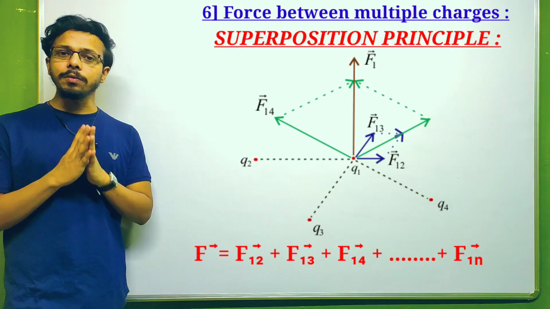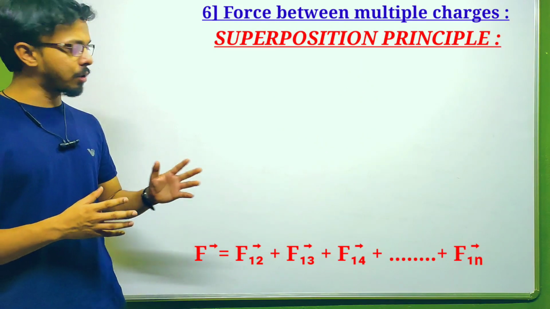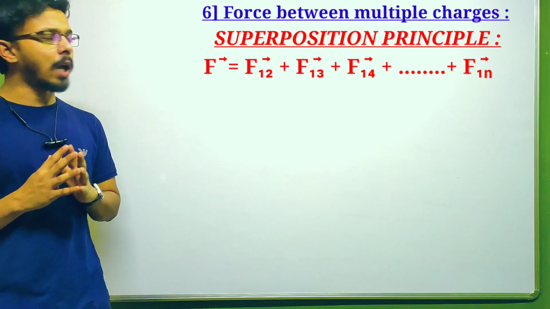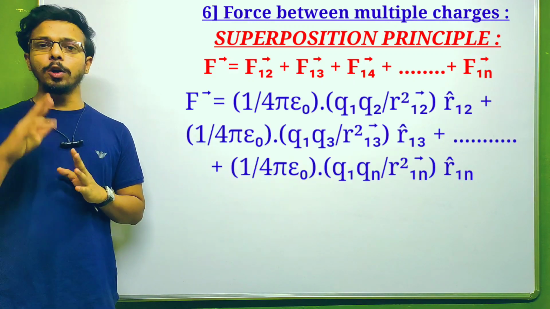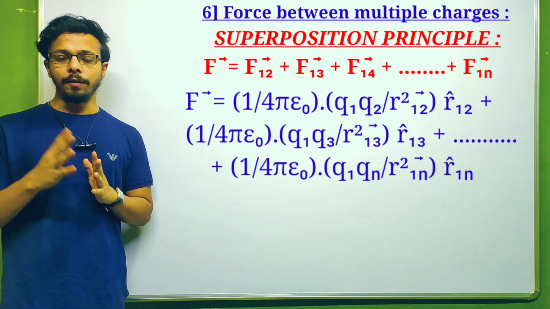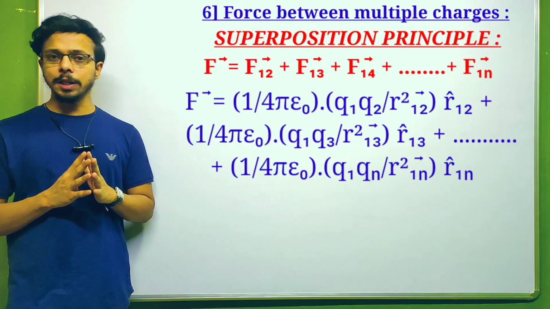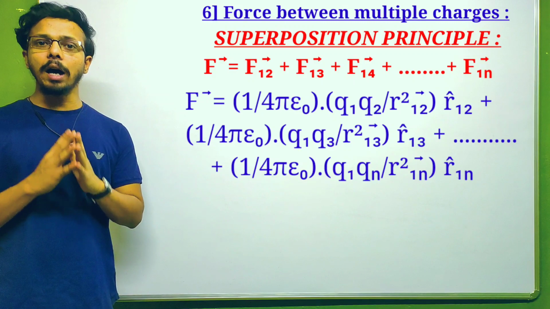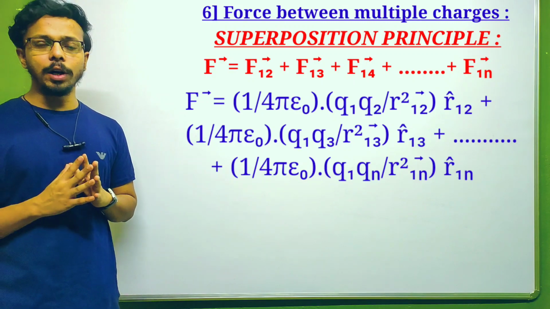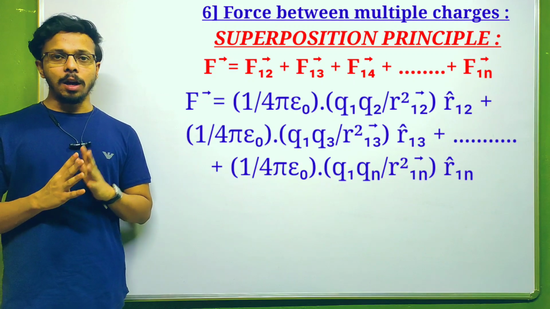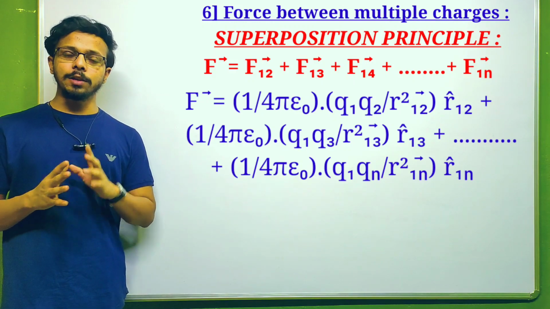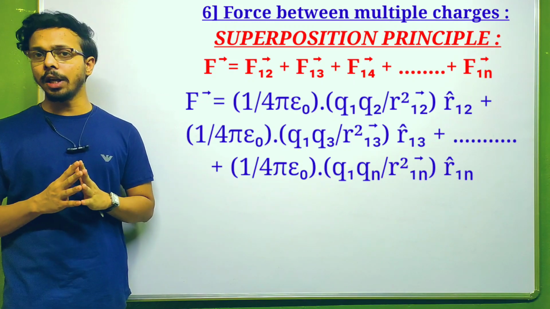As we substitute the individual force values, F is equal to, what is F12? The force between charge Q1 and Q2, which is given by 1 divided by 4 pi epsilon naught, Q1 Q2 by R12 square into R12 cap. It is in vector form. Plus, now what is next? F13, that is the force on 1 due to charge 3.